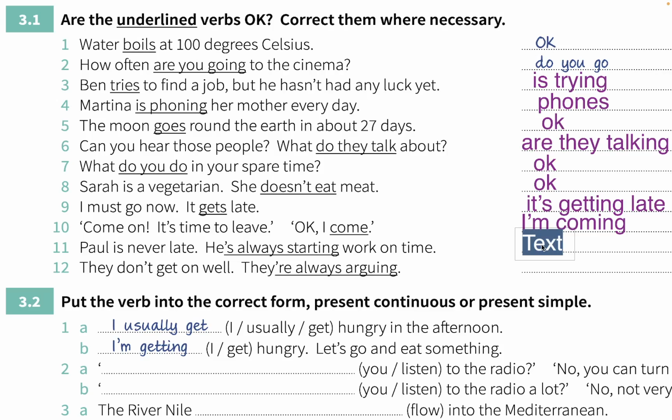He is always starting to work on time. So here we can see Paul is never late, meaning he is always on time. Of the two tenses, there's continuous and simple. If it's permanent, which is always, we use the simple tense. But if it's temporary, we use the continuous. So for number 11, because Paul is never late, which do we use?